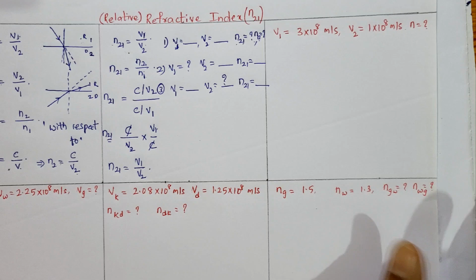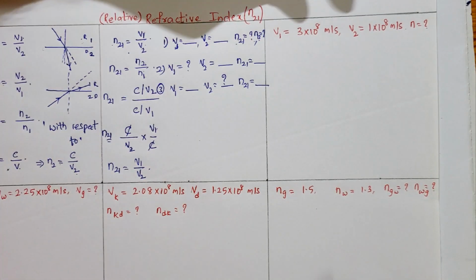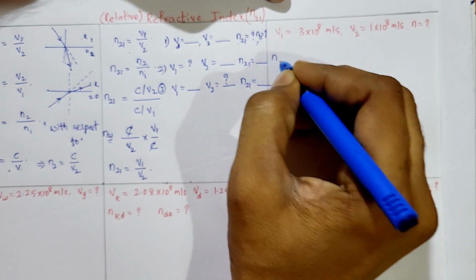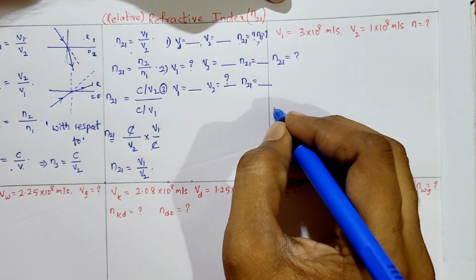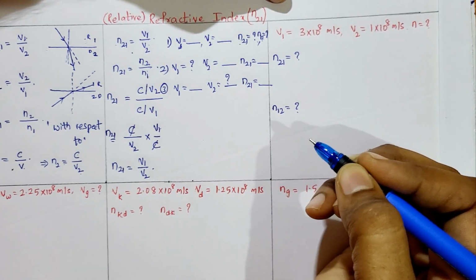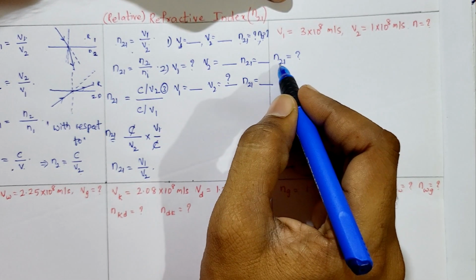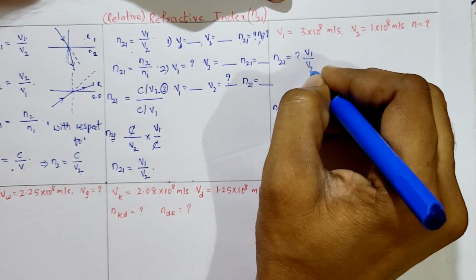V1 and V2 have been given, and we are asked to find the refractive index. Let us find the refractive index of the second medium with respect to the first medium, and also the refractive index of the first medium with respect to the second medium. What is the formula for n21? n21 is V1 divided by V2.